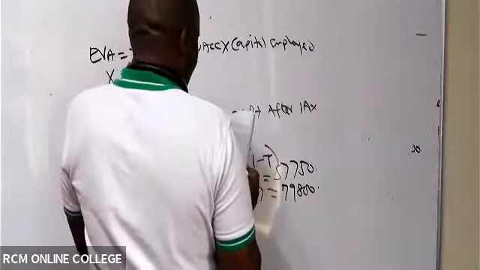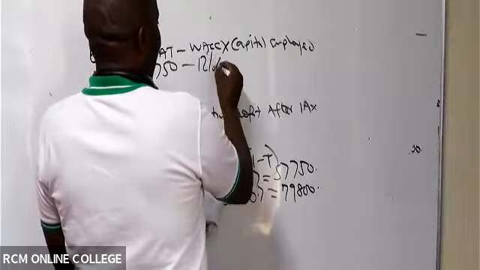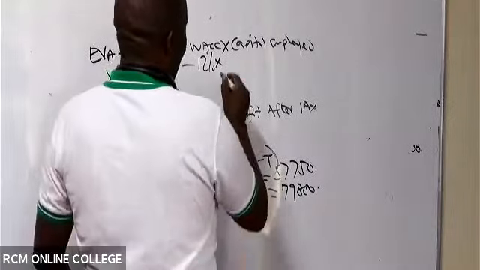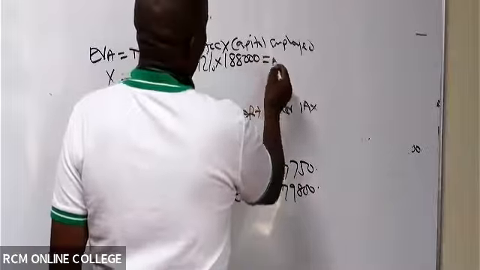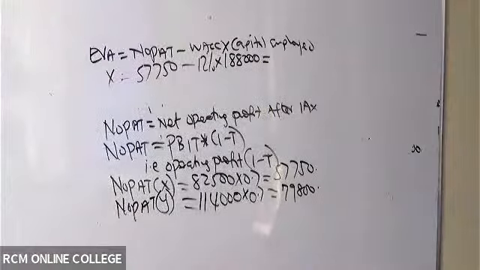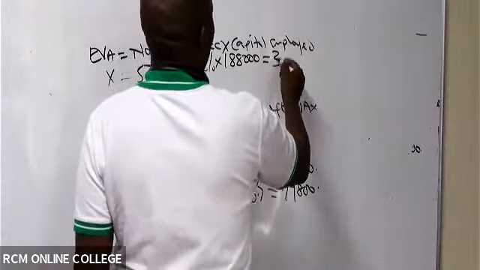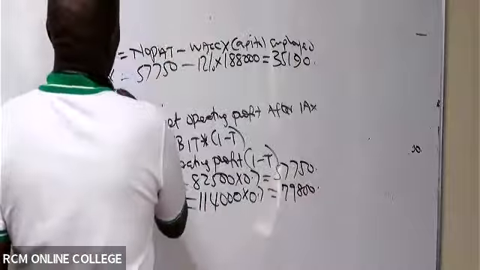In this case, we simply use the cost of capital given, 12%, multiplied by the capital employed of 188,000. So the EVA for X is 35,190.